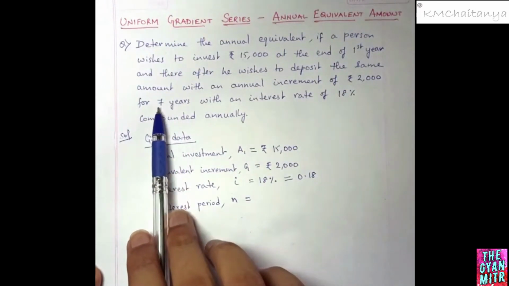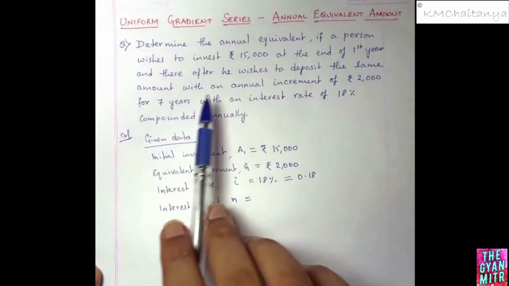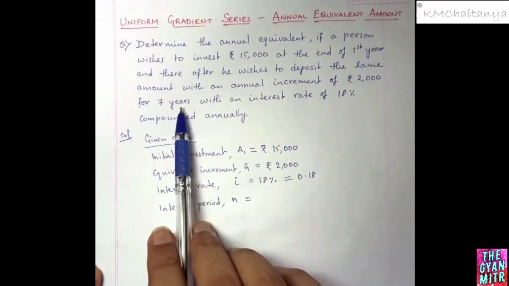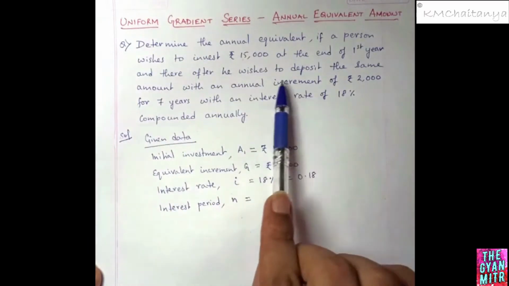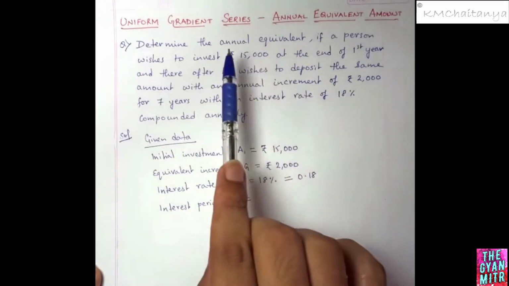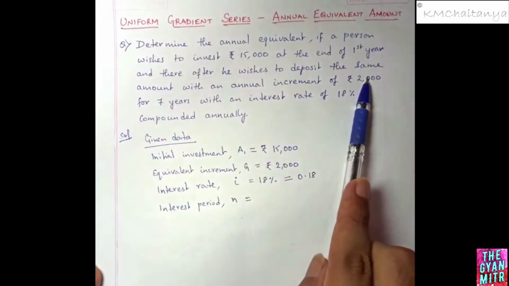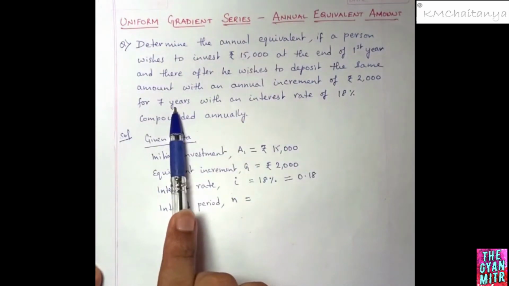But interest period is not 7 years because it is the annual increment of 7 years. But in the first year, there is no annual increment. So in the first year it is just 15,000. From the second year there is an annual increment.